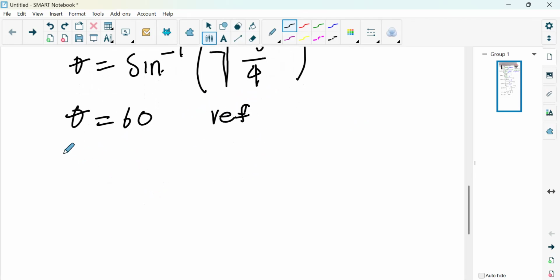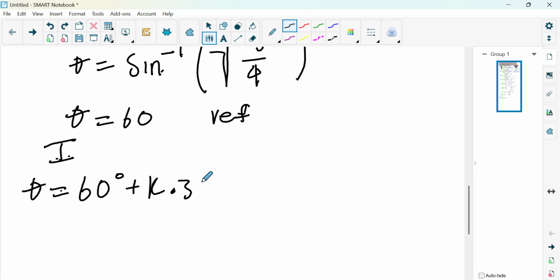So for the first quadrant, theta is equal to the left angle exactly the way it is, which is 60 degrees plus k multiplied by 360. Remember, for cos and sine, we use k multiplied by 360. So this is the first general solution.